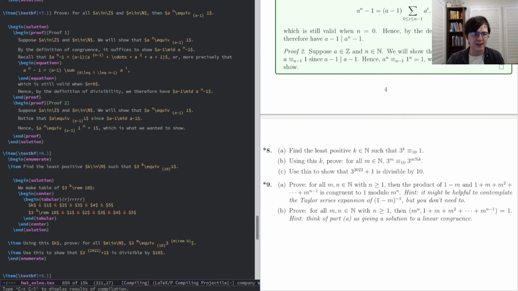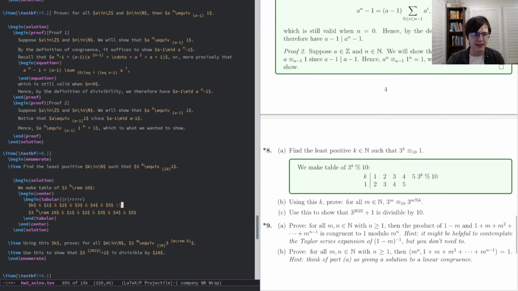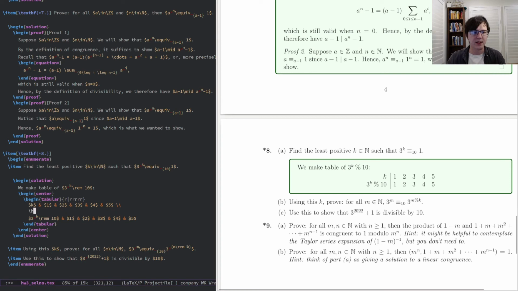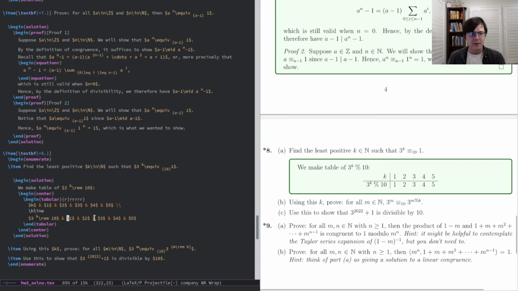Well, first, oops, I forgot a new line there. I wonder if this is clear if I put an H line, a horizontal line between them. Yes, why not? Okay. First number, 3.